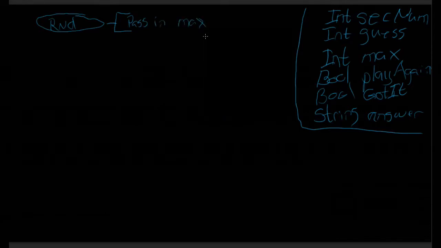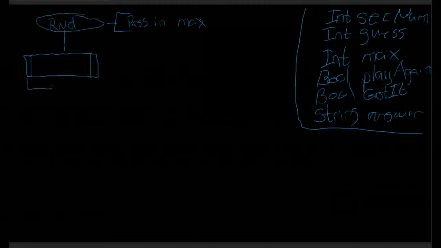Oh, I'm so glad this is working so much better. I mean, it was doing weird stuff before. So here's our little subroutine of random. It's getting max. We're going to do a simple process. In fact, it's only going to do basically one process, and then it's going to return our value.